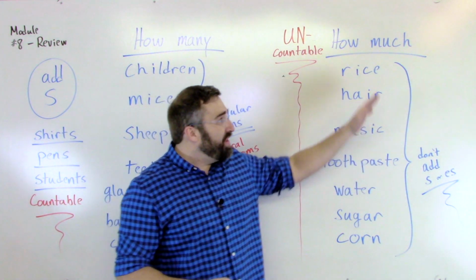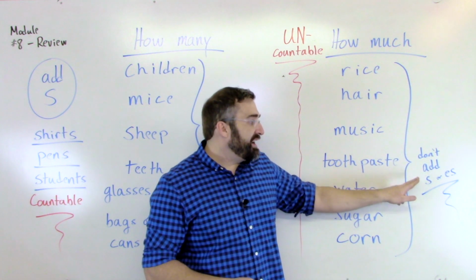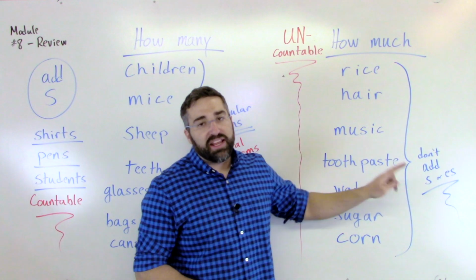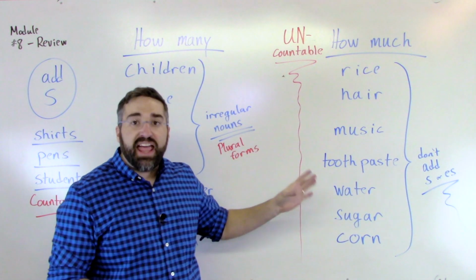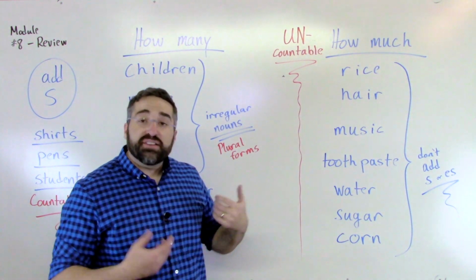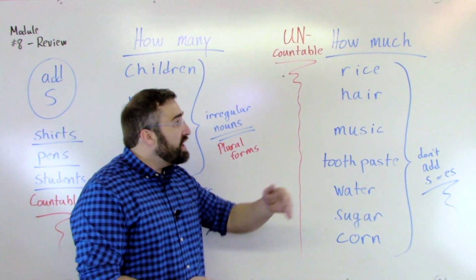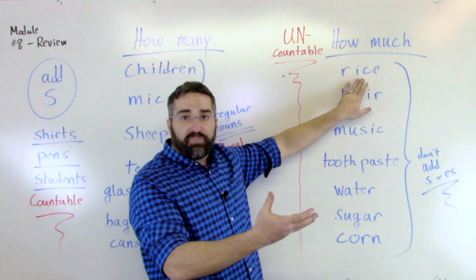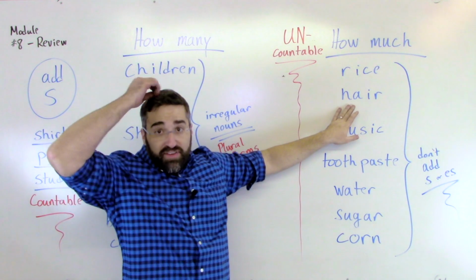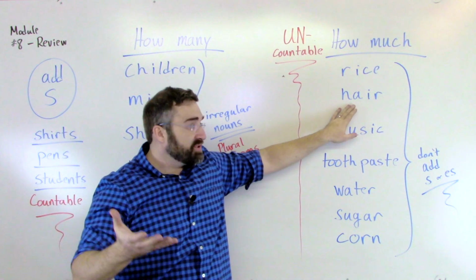So with these uncountable nouns, don't add an S and don't add an ES. Don't change them in any way because they stay singular here and they become uncountable. So even though it says rice, it means plural. Hair here, obviously not just one hair on my head, but the hair is plural.